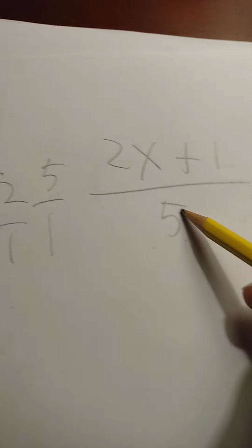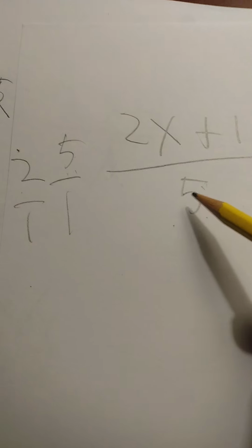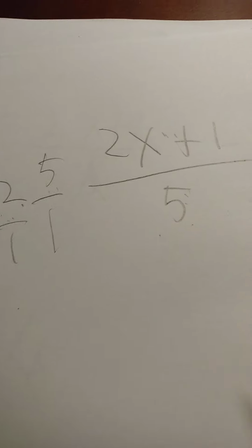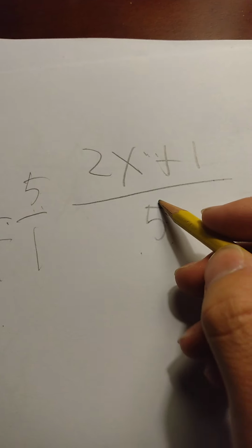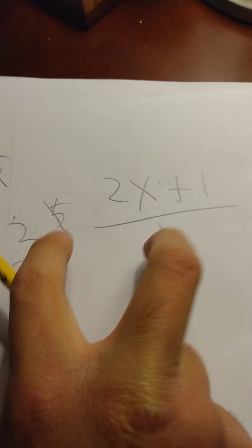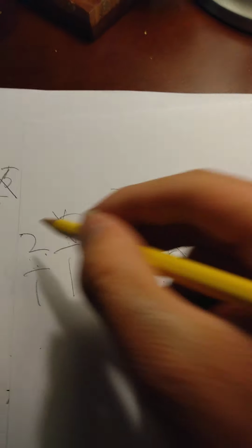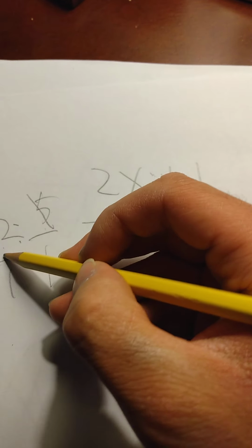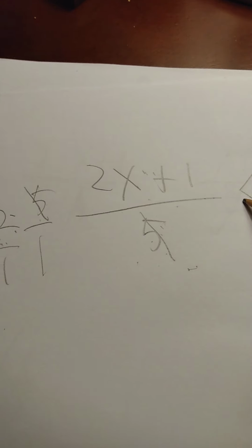Which number on the left side would be canceled, and which number on this side would be multiplied into this equation? Back from the last problem, we have to cross out numbers that are repeated. So, 5 and 5 are the same, so the 2 would be left over, saying 2 times 2x plus 1.